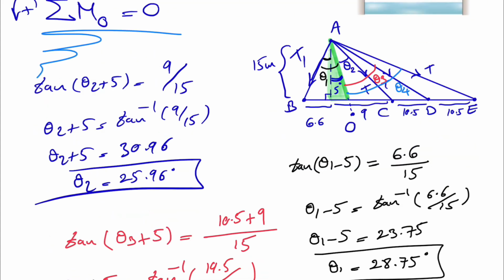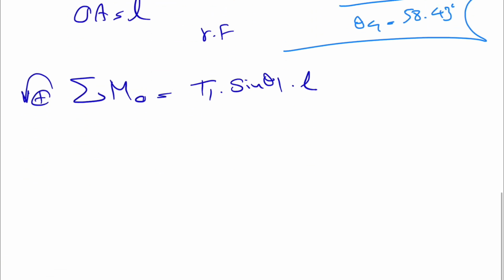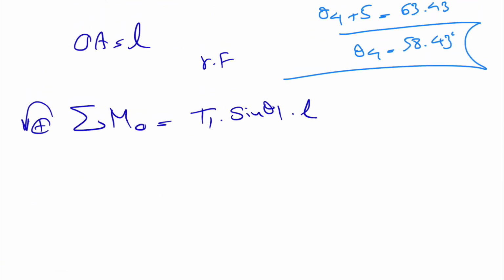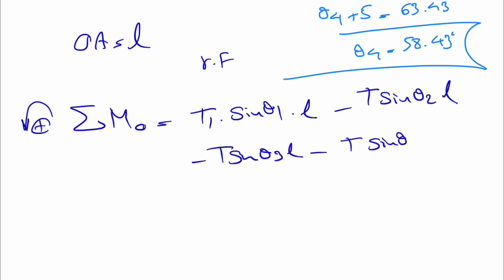Actually, it's not hard to find the OA since we have the angle and we have all the dimensions, but we don't need to do that because it will be cancelled out at the end. So there's no need to find the L or the length of OA. So t sine of theta 2 L minus t sine of theta 3 L minus t sine of theta 4 L is equal to 0.